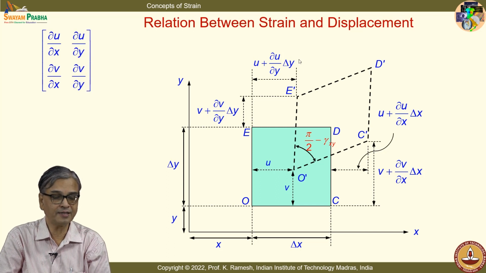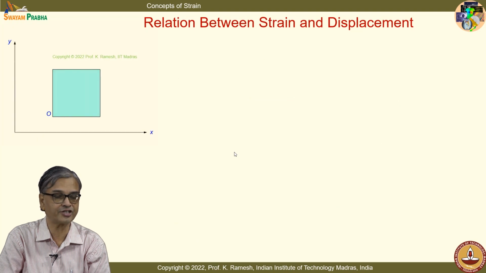In the process, we have also looked at a displacement gradient that can be put in the form of a matrix: dou u by dou x, dou u by dou y, dou v by dou x and dou v by dou y. I have a displacement gradient matrix. We will see how interesting it is to see how they are related to strain and rotation.